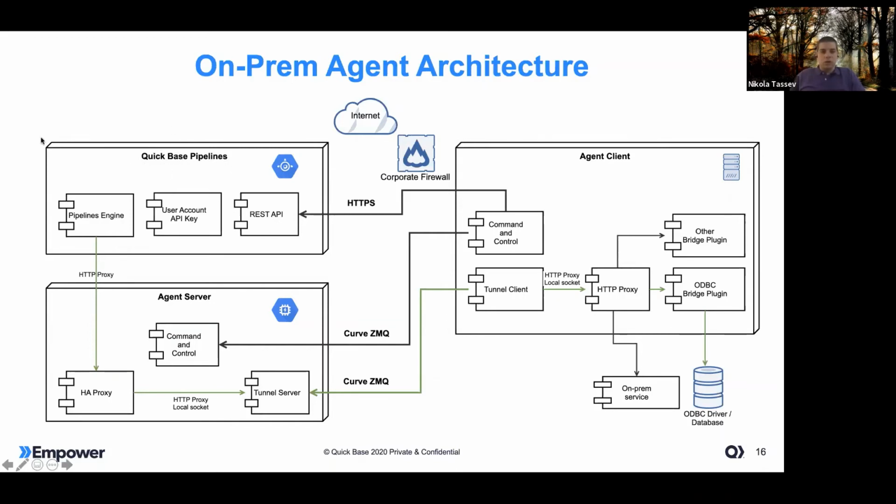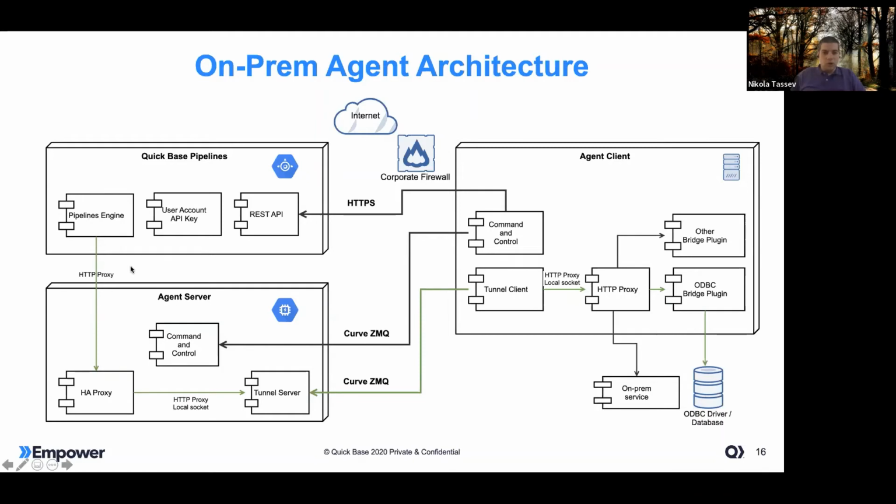Here on the top left, we have the QuickBase pipelines engine, which is part of the QuickBase product. The pipelines engine normally talks to HTTP-based APIs. With the on-premise agent, we want to bring this to on-premise data and also to protocols and libraries like ODBC, which are not HTTP-based.